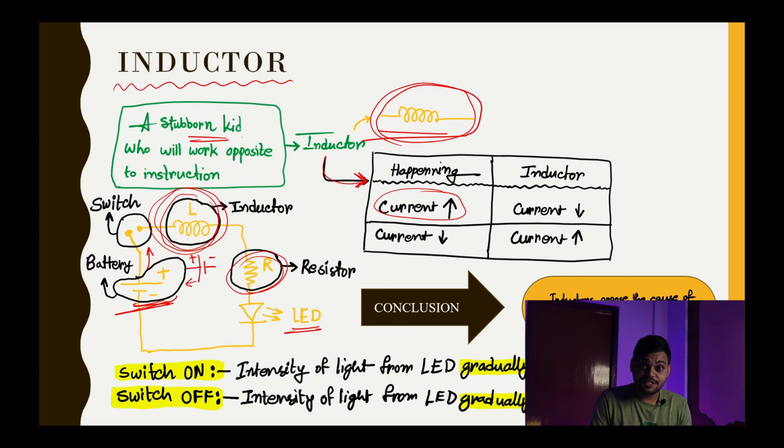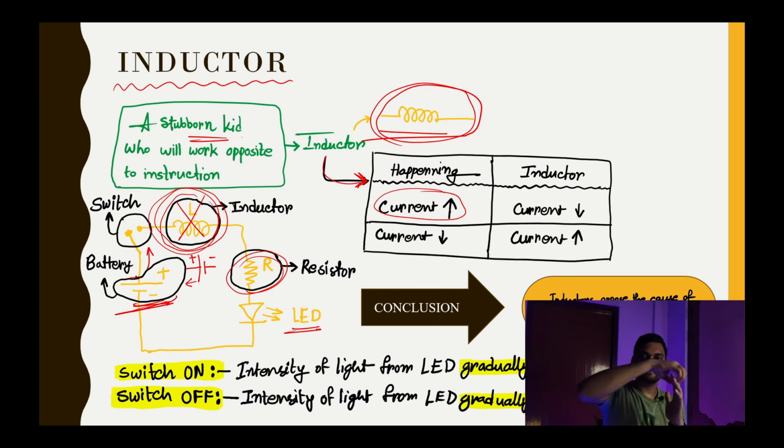You see, the current flow is decreasing. Just imagine if we discard the inductor from this circuit, we will be left with just the battery. So there won't be any issue.